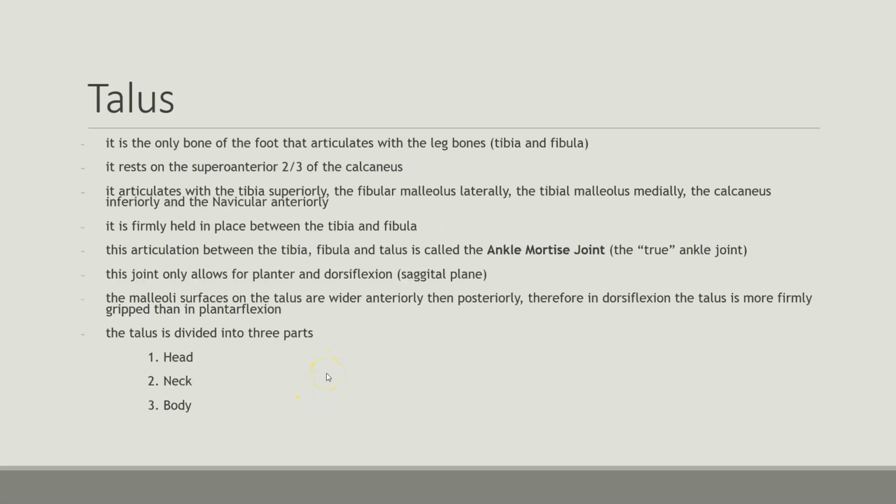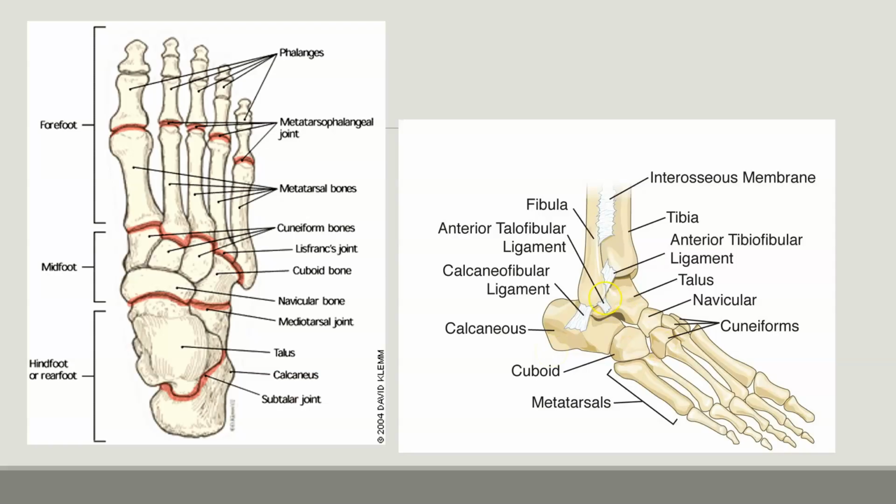So the talus is the only bone of the foot that articulates with the leg bones, the tibia and fibula. It's the only one. It does rest on another bone called the calcaneus, which you can see here. So here's our distal tibia and fibula. Here's our talus. Here's our calcaneus, and you can see how the talus lies on the more anterior aspect of the calcaneus.